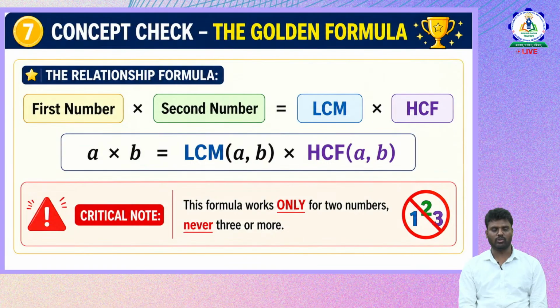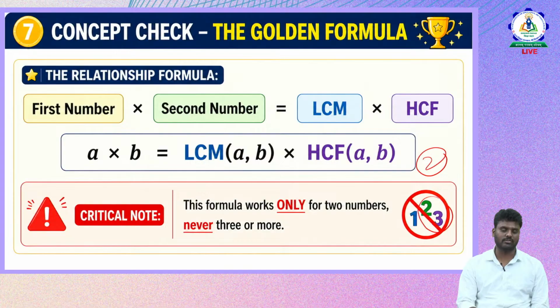For any given two numbers, the first number into the second number equals the LCM of the numbers into their HCF. If the first number is A and the second is B, then A into B equals LCM of A and B into HCF of A and B. This formula only works when we have two numbers, not more than two. So it is applicable only when we have two numbers.